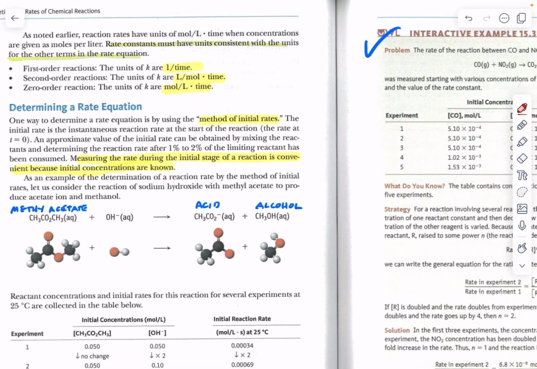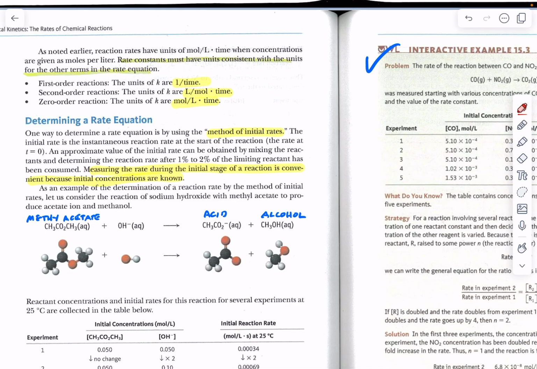Now, by the way, the value of K is going to have different units depending upon the situation. For example, in the first order reaction, my rate is going to equal some value of K times the molarity of my reactant. Let's just use a reaction that only has one reactant for the sake of simplicity, and it's first order, okay?